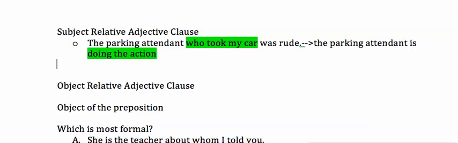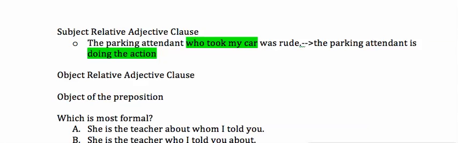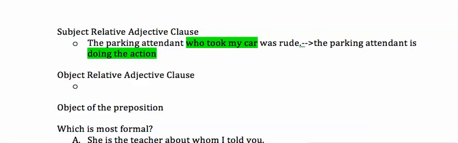Now an object relative adjective clause, that would be something more like if I say, she is the teacher whom I saw. Okay. Now let's look at our subject here, she.